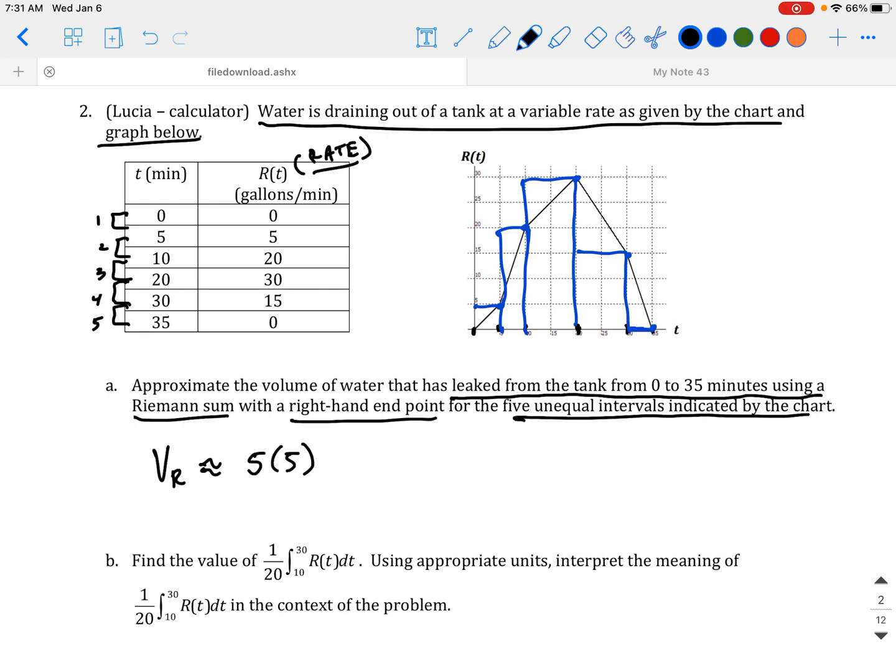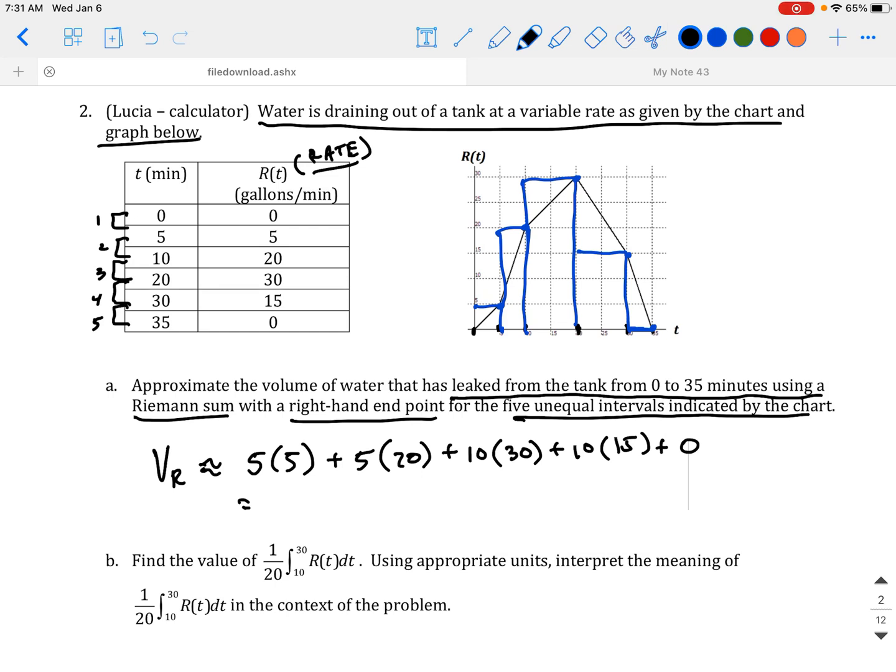So the first rectangle is 5 times 5. The second rectangle is 5 times 20. The third rectangle is 10 times 30. The fourth rectangle is 20 to 30, yeah, 10 times 15. And then the last one's just 0 because it has no height at the right endpoint.